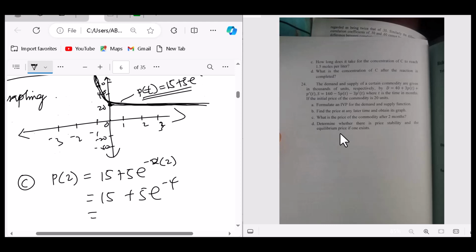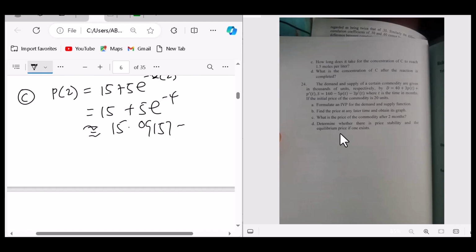Putting this in your calculator, we get 15.09157. This is just an approximation, in thousands.